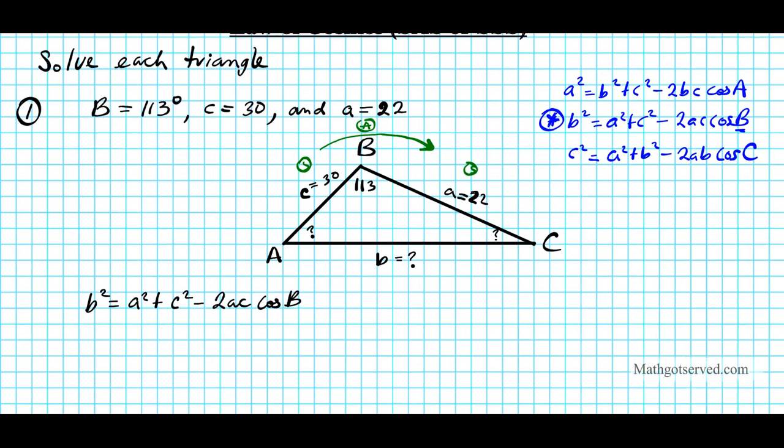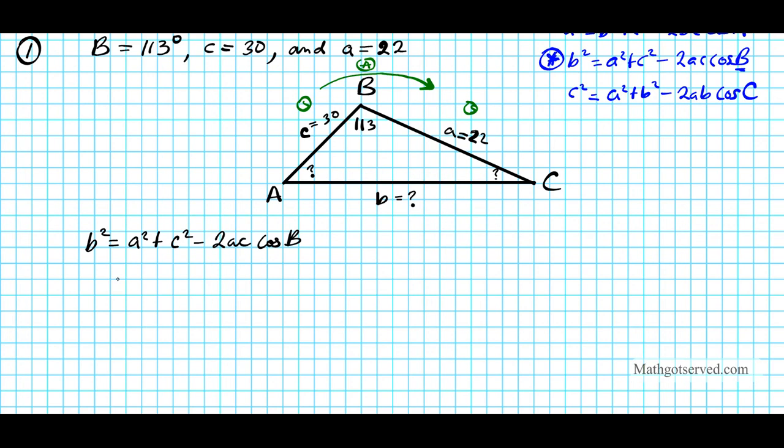All right, now let's put in our measures. We have b squared equals 22 squared for a plus 30 squared for c minus 2 times 22 times 30 cosine of angle B, which is 113.